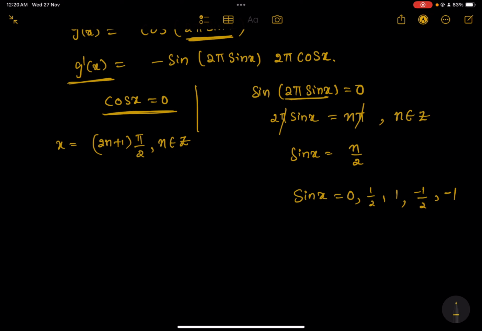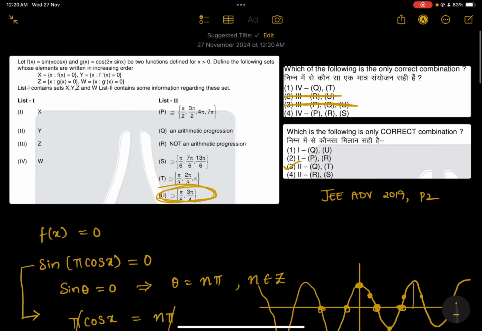How do we write the general solution? That is just n pi. So for 1 by 2 and minus 1 by 2, we can write n pi plus or minus pi by 6. And for 1 and minus 1, the general solution will be n pi plus or minus pi by 2. Now let us go to the options.